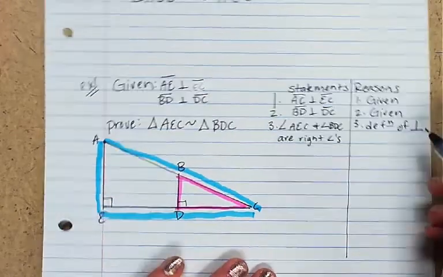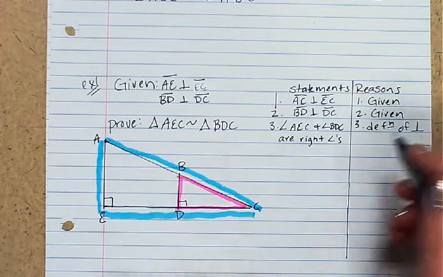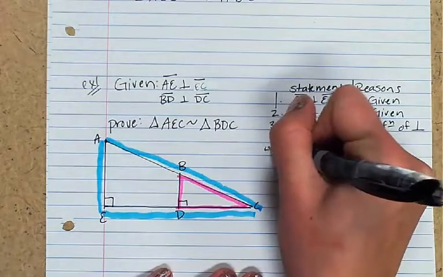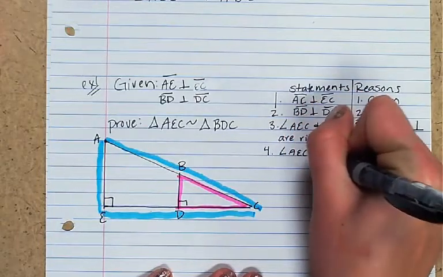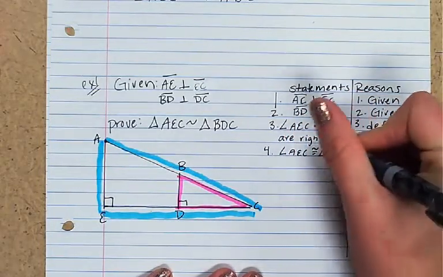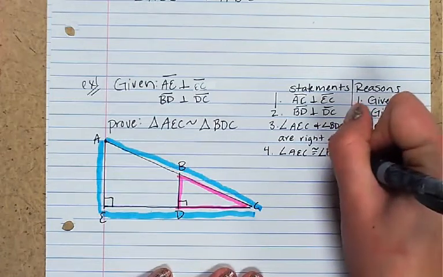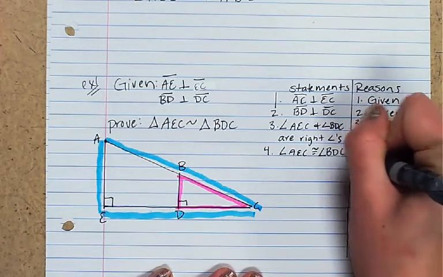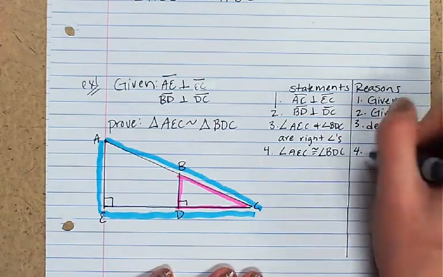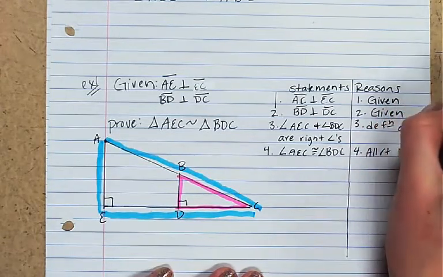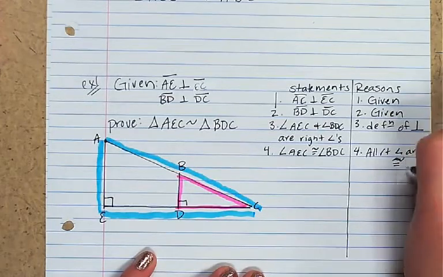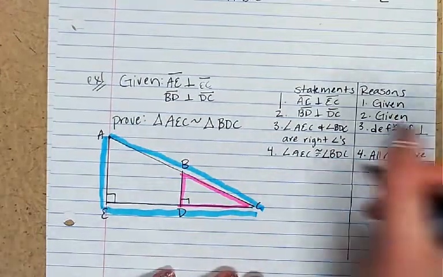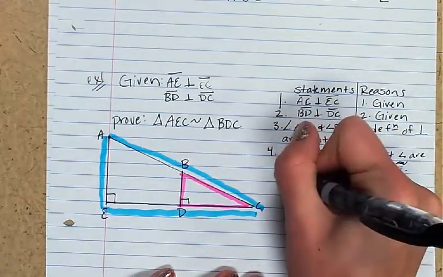Let's put a perpendicular symbol there. So we've said they're both right angles. Now we can say that they are congruent, because all right angles are congruent. They're all 90 degrees. Okay, so now I've used up both my givens.